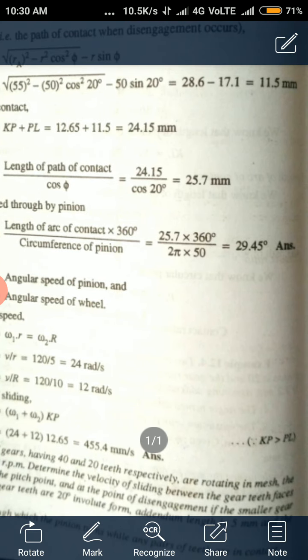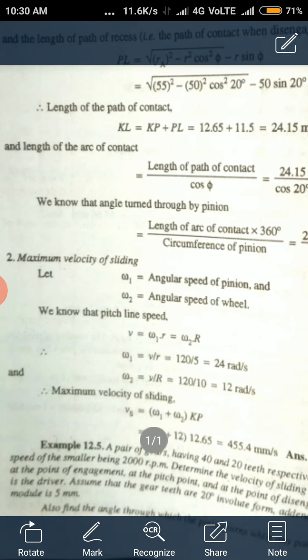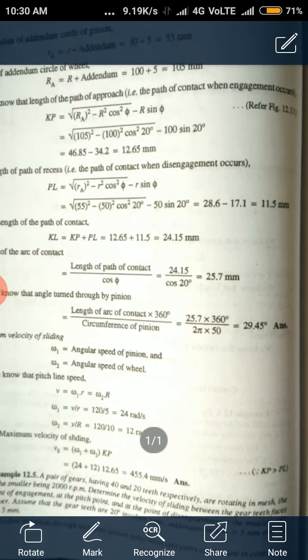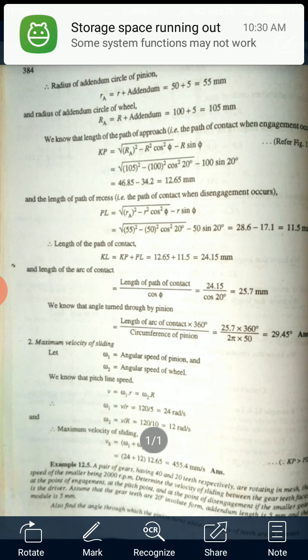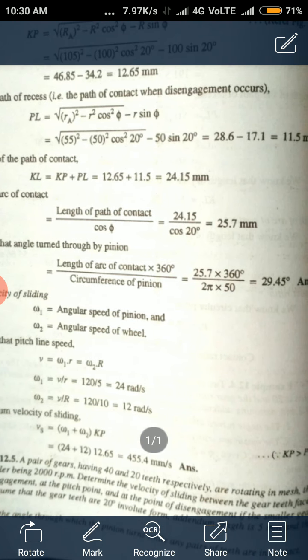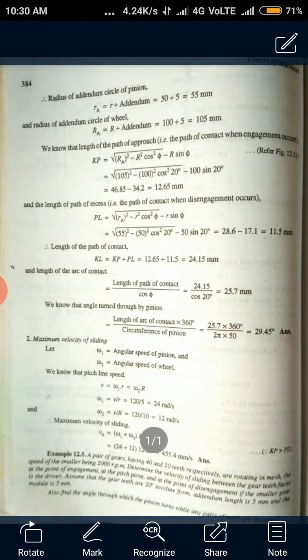Determine the velocity of sliding between the gear teeth faces at the point of engagement, at the pitch point, and at the point of disengagement, if the smaller gear is the driver. Assume that the gear teeth are 20-degree involute form, addendum length is 5 mm and that of module is 5 mm. Also find the angle through which the pinion turns while any pair of teeth are in contact.